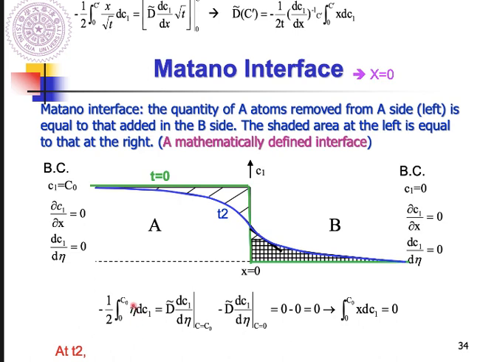In order to show this for the Matano interface, we use C0, and we integrate from c equals 0 to c equals C0. So we use C0 to substitute C prime, and this C prime becomes C0.